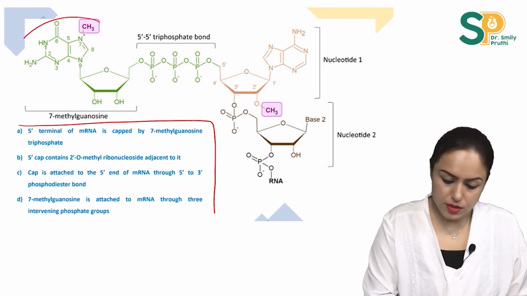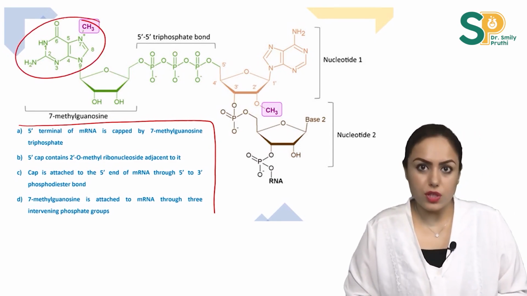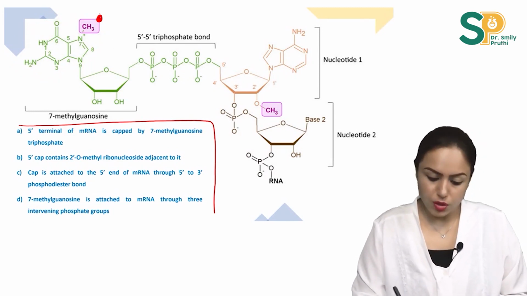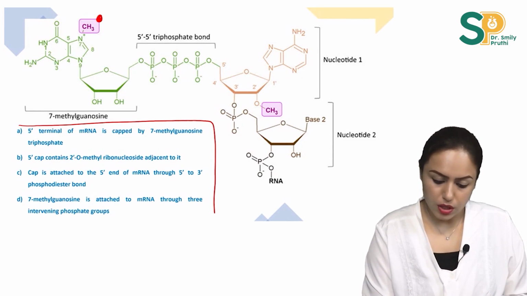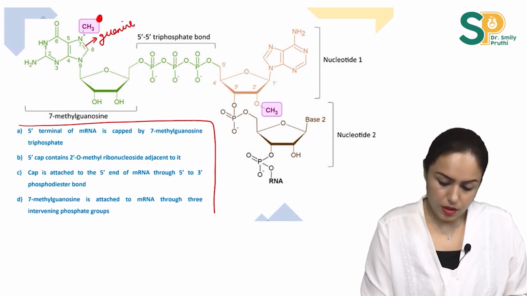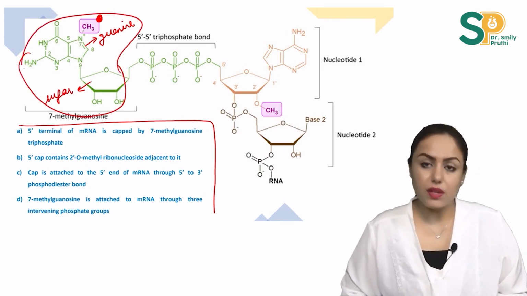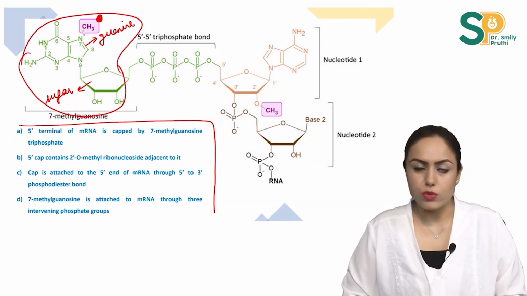This is 7-methyl guanosine. The methyl is present at the 7th position. This is guanine. This is the sugar here, so this becomes guanosine. So this is the cap, the 7-methyl guanosine cap.